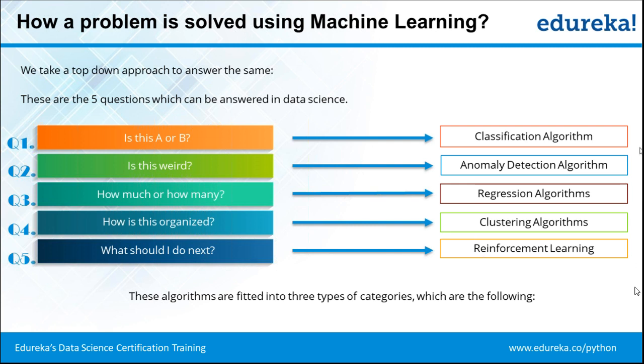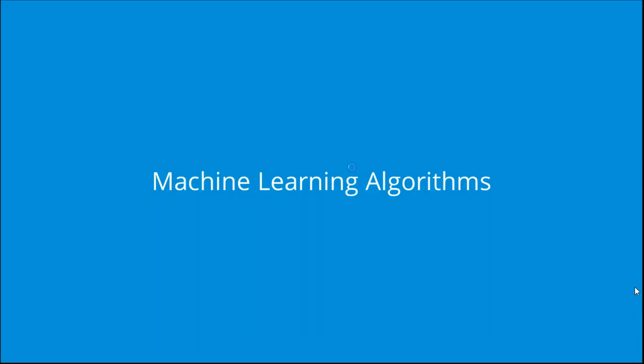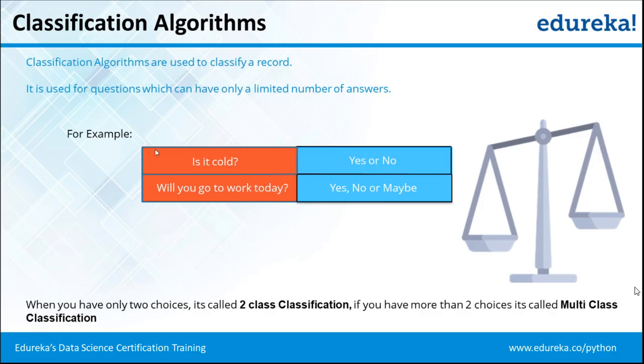And then we have reinforcement learning, which I already told you guys about. It is about teaching skills to the computer. Like a classification algorithm, where we have a limited number of classes, for example we want to know is it cold or not, so yes or no. Will you go to work today?